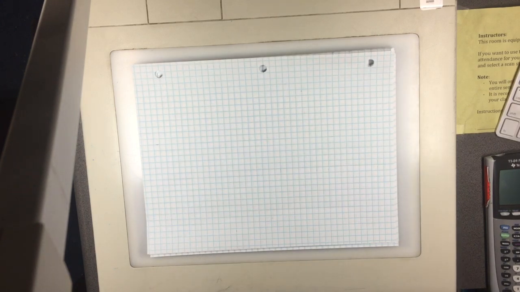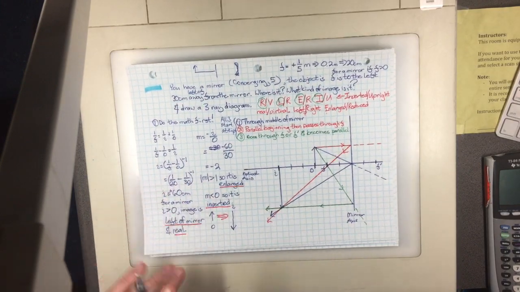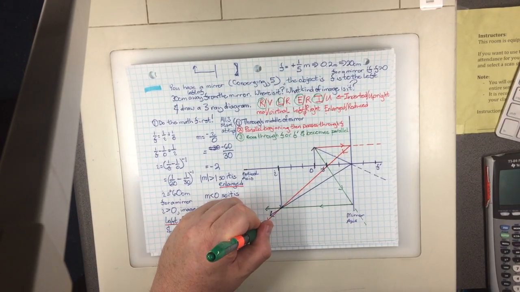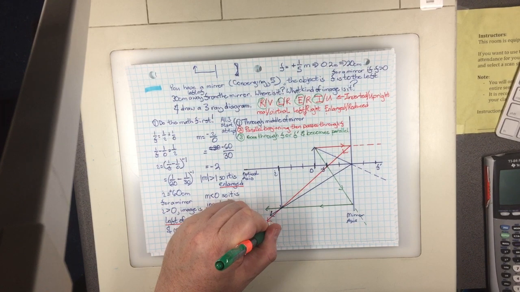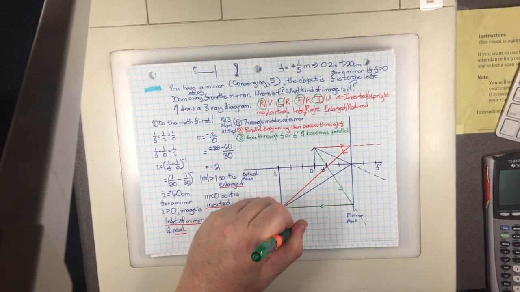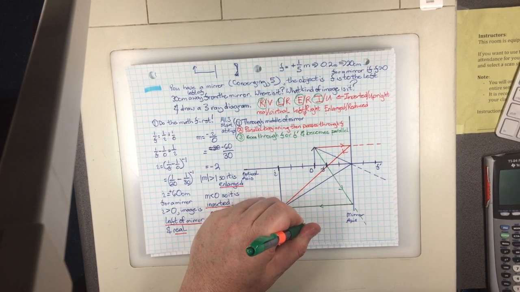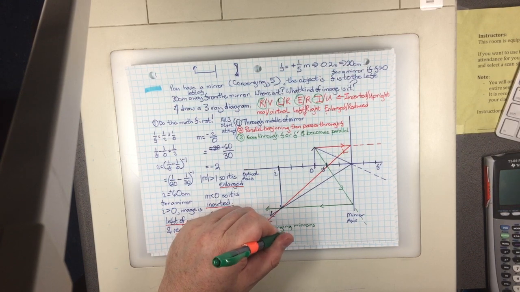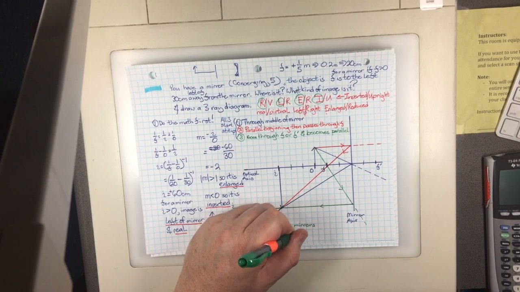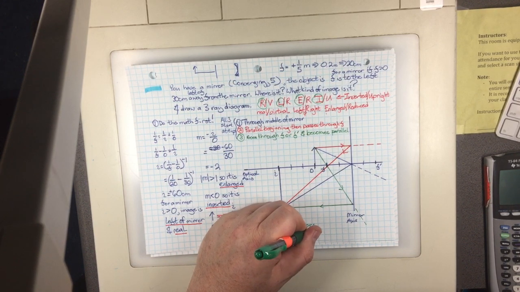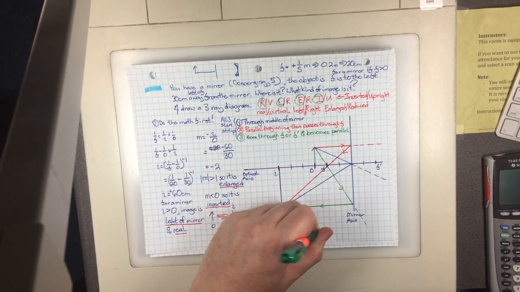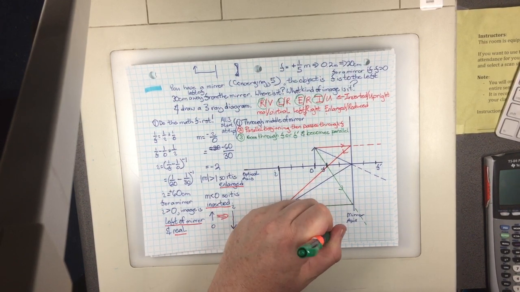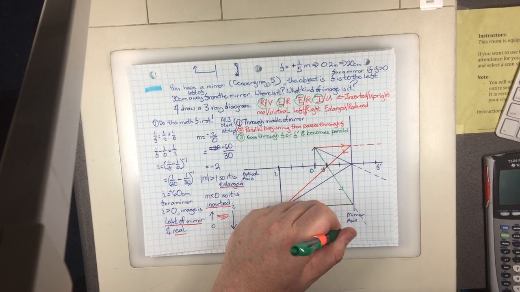Next, one of the things that I will note for this is converging mirrors can have real or virtual images.